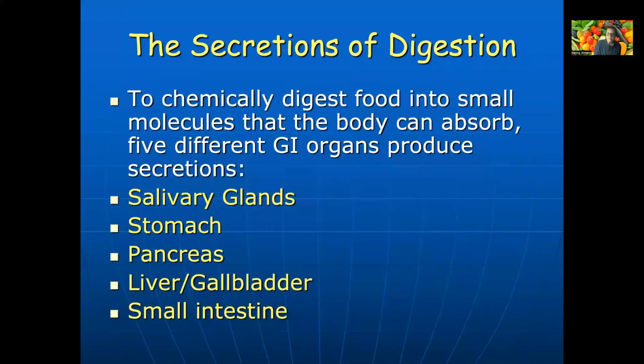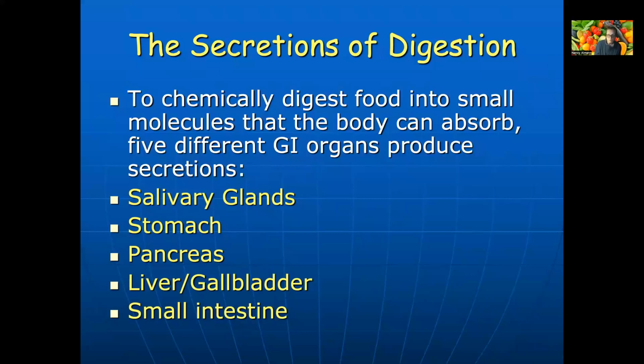So we need to take those larger food particles and chemically digest them into smaller molecules that we can actually absorb and therefore use. There will be multiple different organs along the alimentary canal which produce secretions. We've already talked about salivary glands. We know that the stomach has to produce at least HCl because it's really acidic.